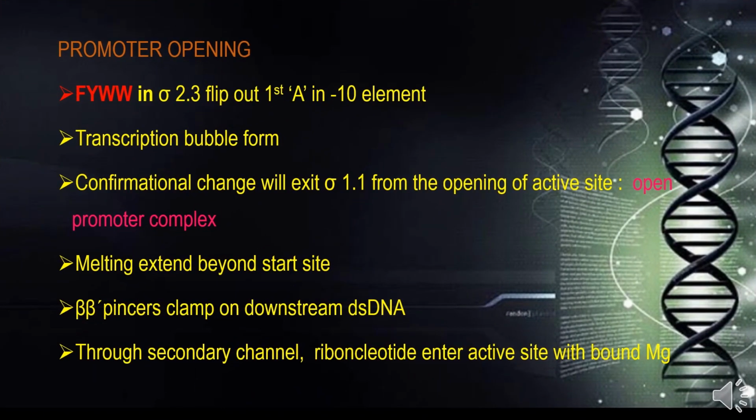Next step, promoter opening. In promoter opening, the sigma factor 2.3 contains a hydrophobic patch of amino acid sequence: phenylalanine, tyrosine, tryptophan. This hydrophobic patch flips out the first adenine in the -10 element.